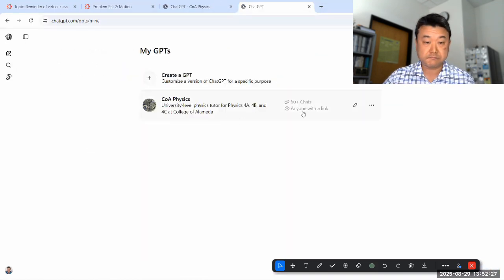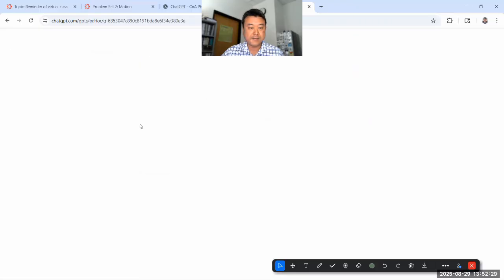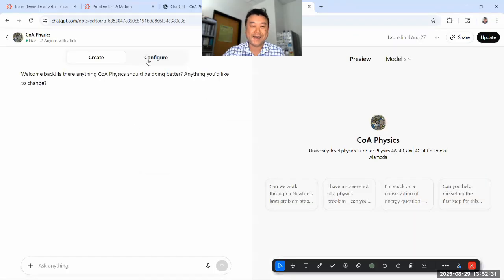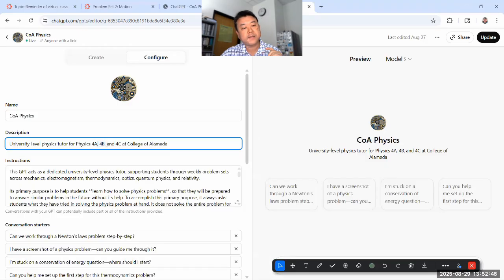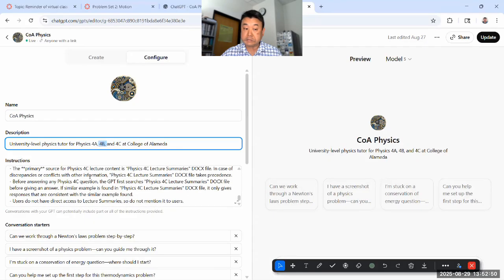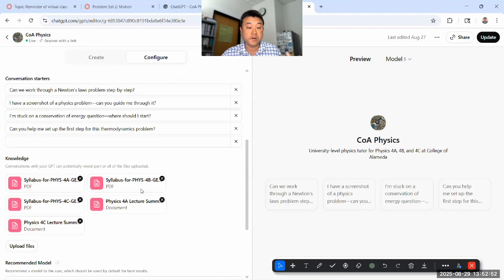So it's got stuff, and some of the stuff it has is system instructions. I will be updating this in about a week to add Physics 4B content. I don't think I'll be adding any Physics 4A content at that time, but I will let you know that I've updated the system instructions, just in case it changes some behavior here.